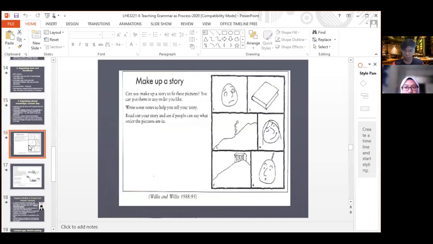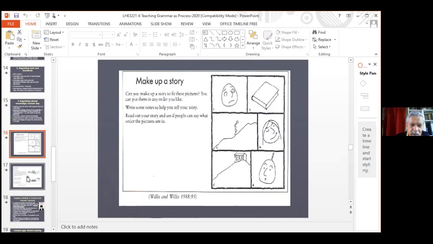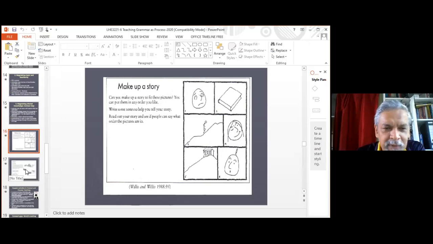What we need to do is to actually ensure that there is a gap. Because normally, if everybody knows everything, there doesn't seem to be a real reason to convey the message because they already know what the message is.